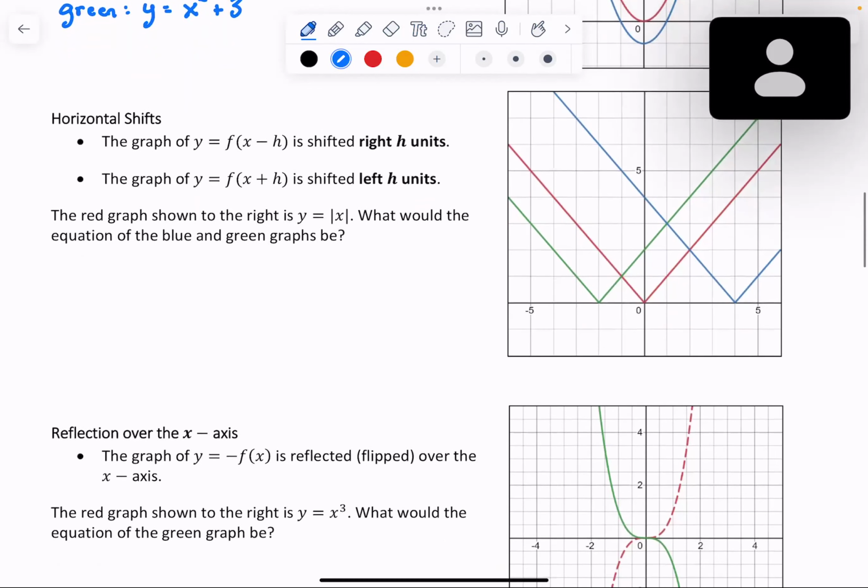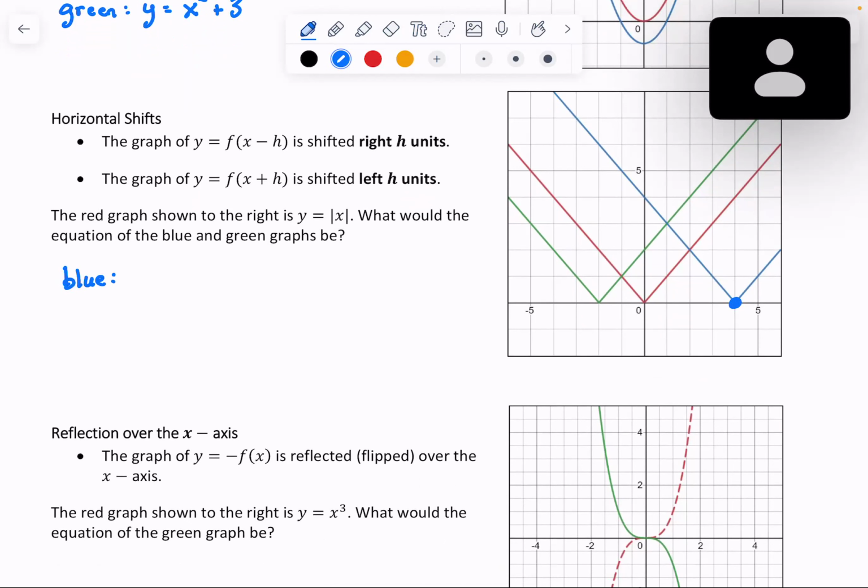So in this example, the red graph is the standard absolute value of x. Let's look at the blue one first. What would the equation of the blue be? Here, the blue one went to the right 1, 2, 3, 4 units, right? Went right 4 units. So that means we're going to have f of x minus 4.